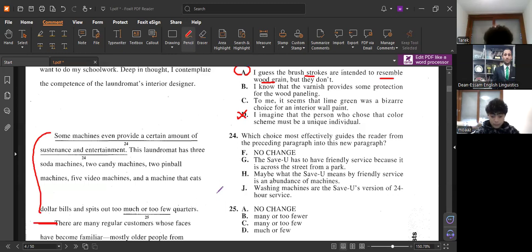From the preceding, H. So letter H is the best answer.